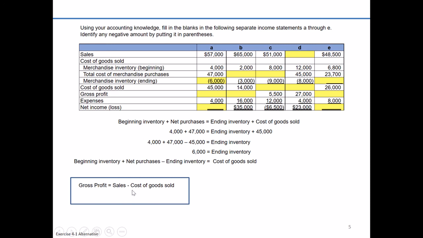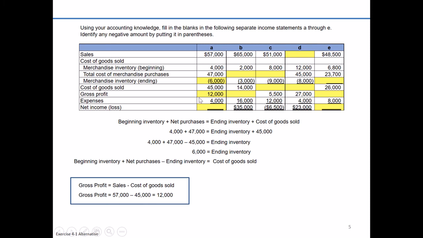We're trying to get some idea of how much of our sales was used to cover the cost of the items that we have sold, what's left over to cover those other expenses within the business. So if I go back and fill this in, $57,000 worth of sales minus cost of goods sold of $45,000 already given means my gross profit is $12,000.